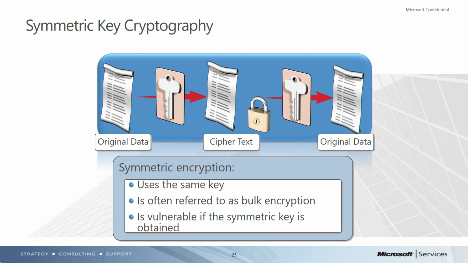You might think this is old school, but it's not. It's very heavily and intensively used in any encryption. The reason is that it's cost effective, very efficient, and very, very fast compared with asymmetric keys.